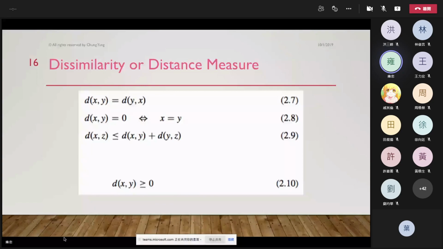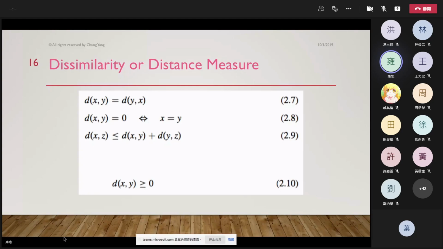The distance from x to y is denoted as d(x, y). It equals d(y, x). That's formula 2.7. If the distance between x and y is 0, then x equals y. The point goes to itself with distance 0. So if x goes to y with distance 0, then x is equal to y.